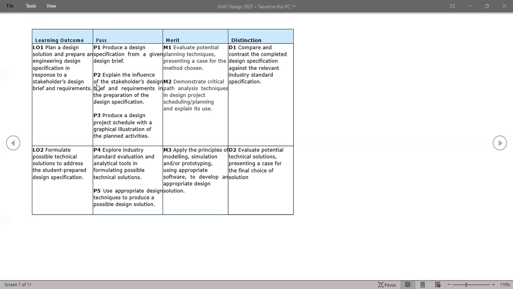My guidance would be to initially start the report by evidencing P2.